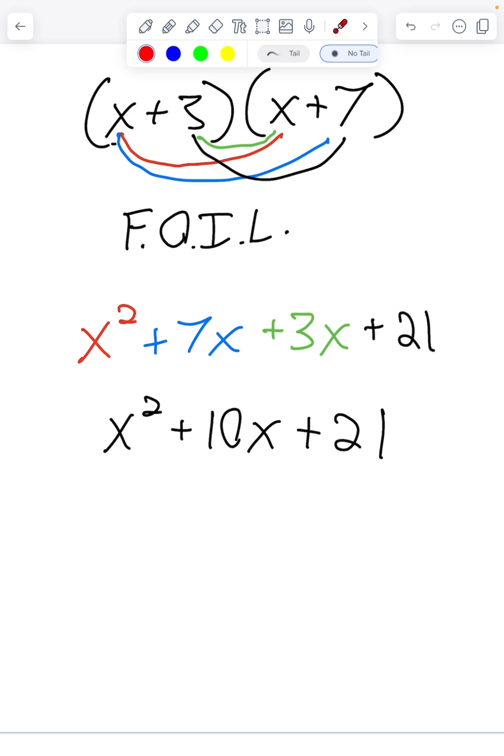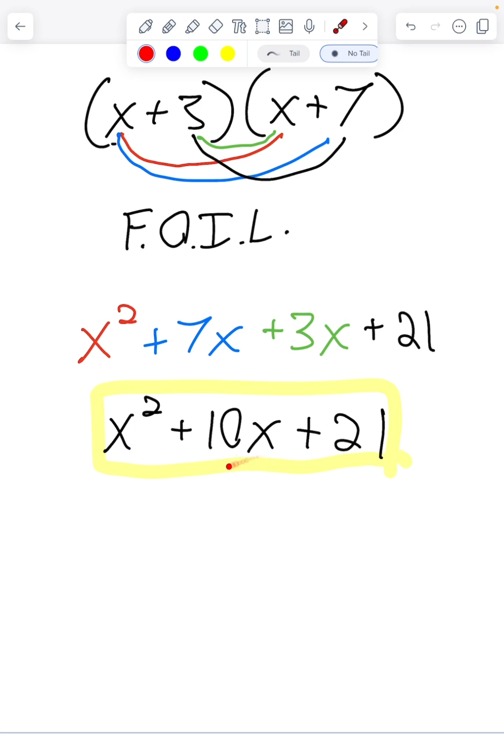Okay? Now, what if instead of foiling, I was asked to factor this problem? Well, if I'm asked to factor the problem, let's think about the FOIL again. Okay, what actually happened up here with all of these terms?